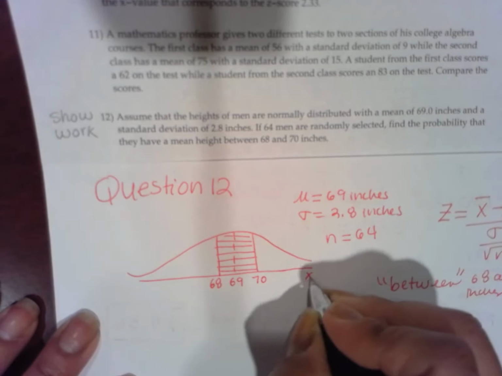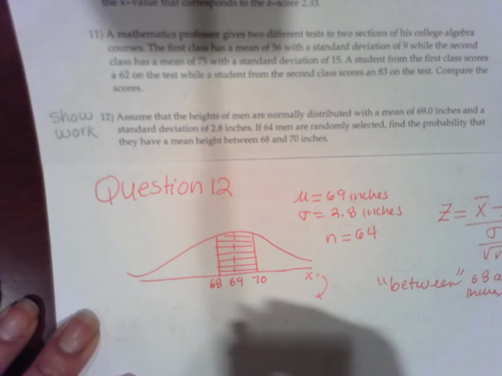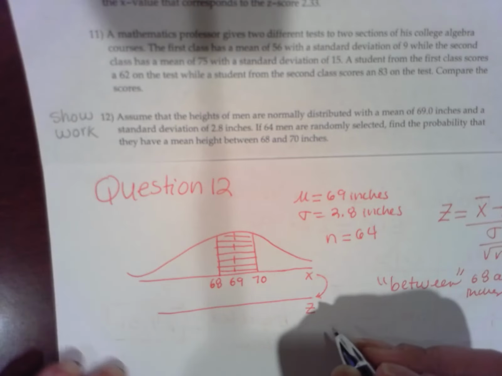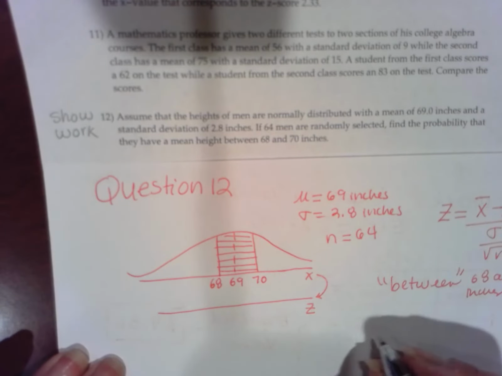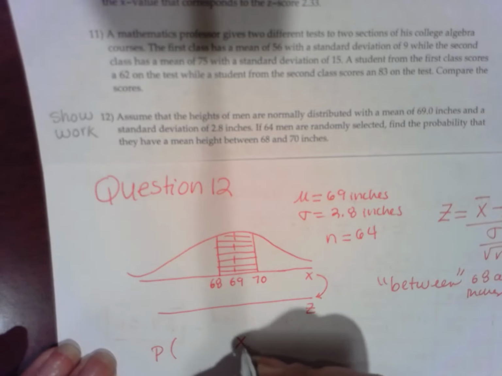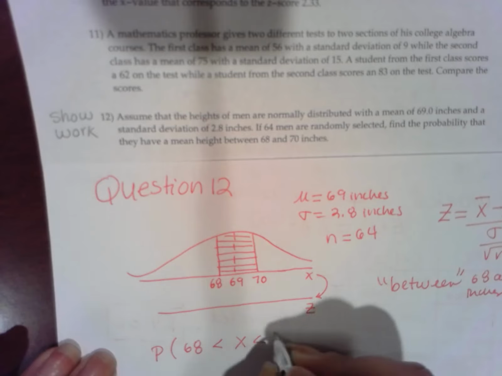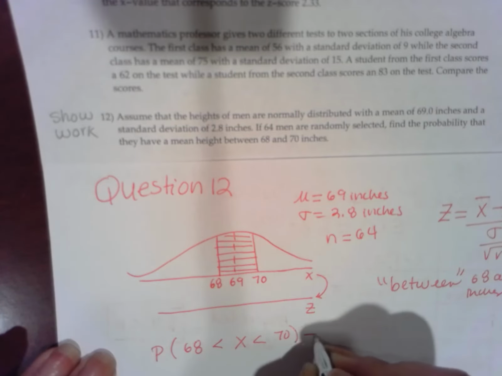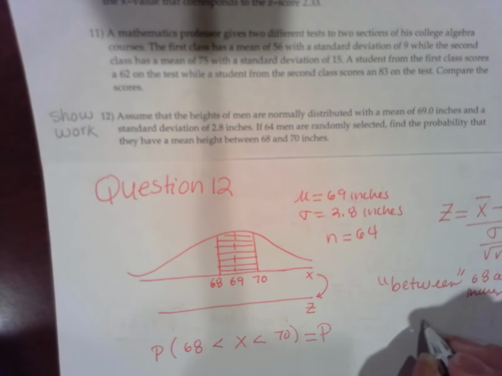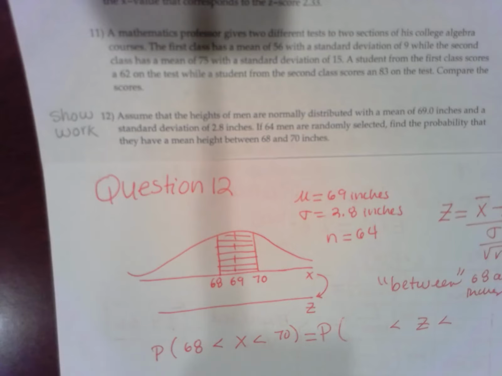So these are the X values that we need to standardize into Z scores so that we can find the probabilities. In terms of the probability notation, this is the probability of the X scores being between 68 and 70. Then we convert those to Z scores using the formula for the sampling distribution.